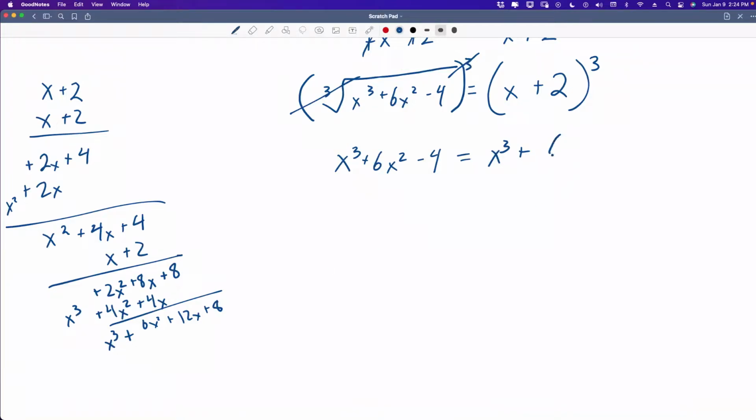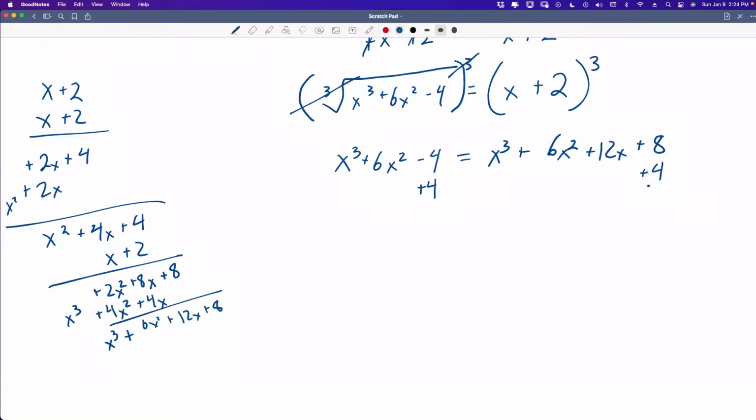So we have x cubed, 6x squared plus 12x plus 8. I'm going to double check with my book. Yes, it does the same exact thing. So that's what we have now. So now we can solve for x if at all possible. So let's add 4 to both sides.